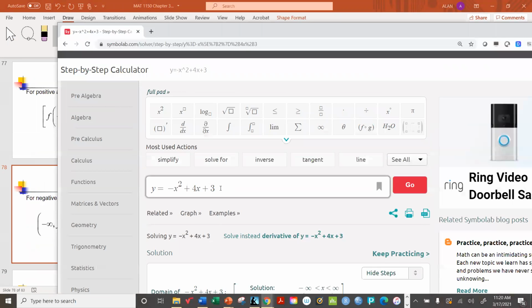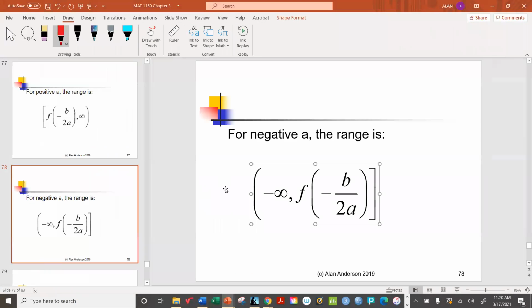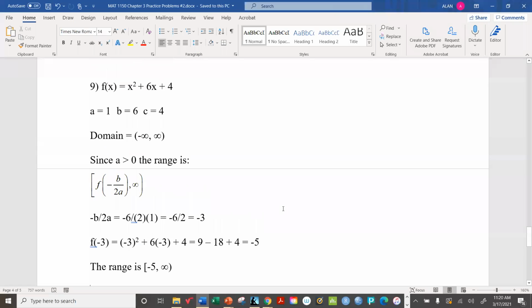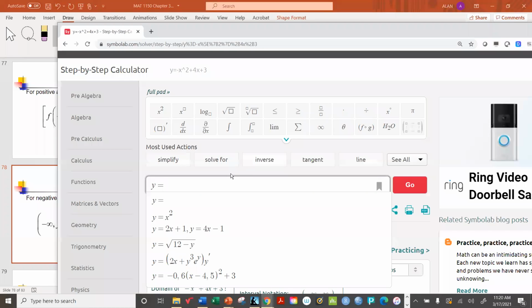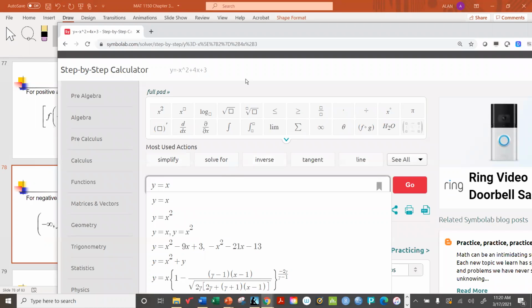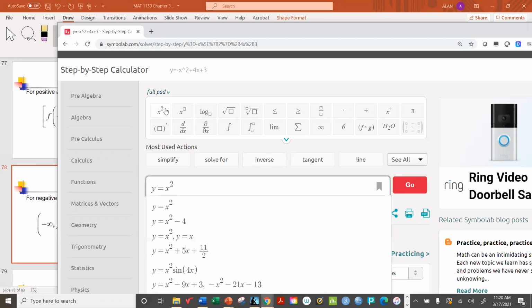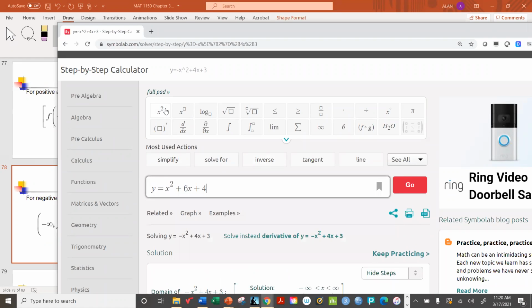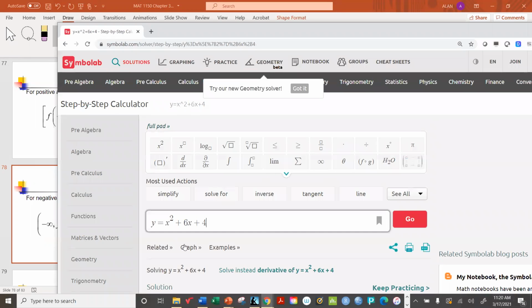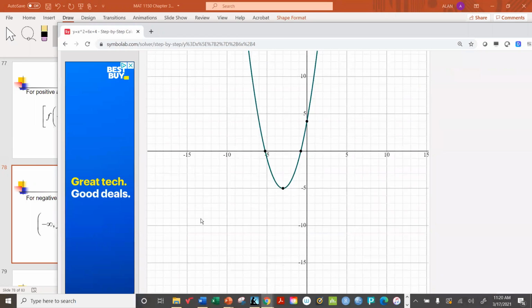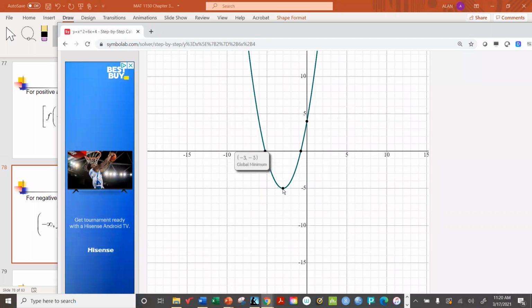So the function here is x squared plus 6x plus 4. All right. Now look, the global minimum is -3, -5.